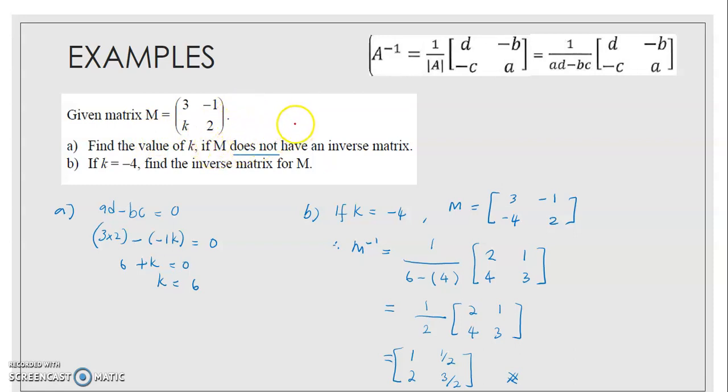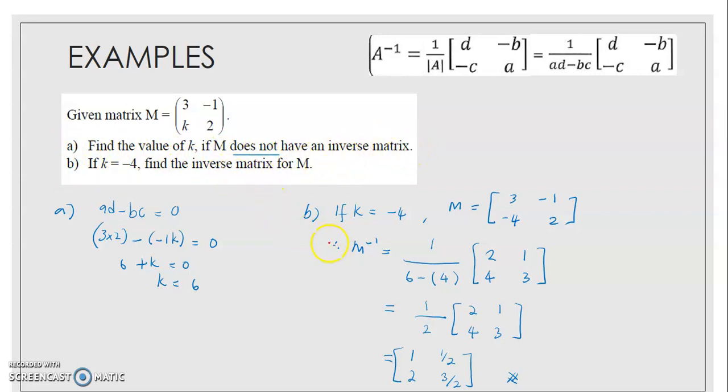The previous example is quite a direct question, you just find the inverse of the matrix using the formula. So here, given matrix M with elements 3, negative 1, K, 2. The question: find the value of K if M does not have an inverse matrix.